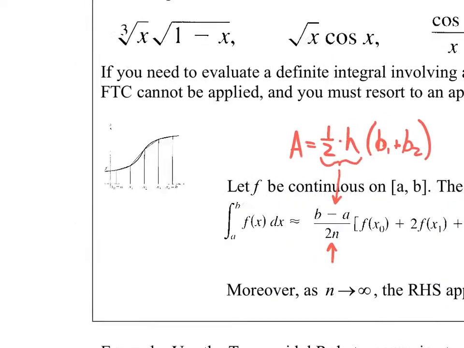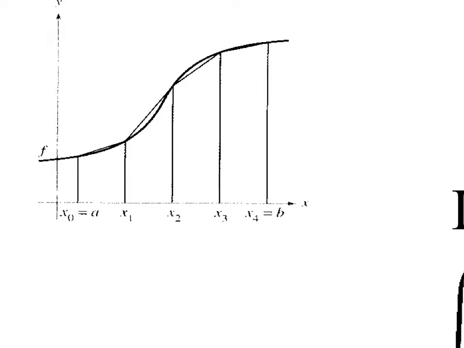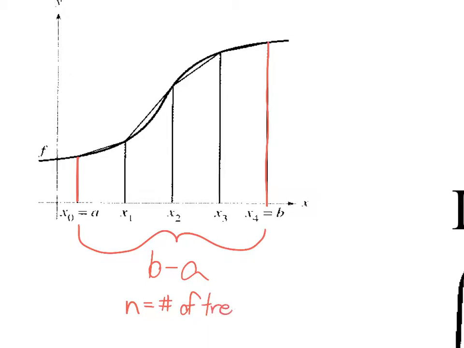All right? If we zoom in over here, looking at this, b minus a is the whole length of that interval. Okay? If n is how many trapezoids we want to use, n equals the number of trapezoids, then to figure out how wide we need to make this, we're going to take that b minus a and divide it by n.